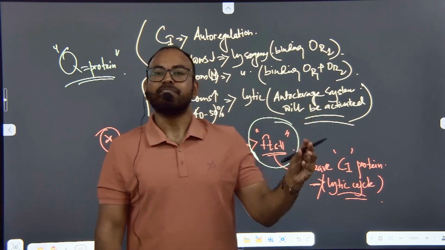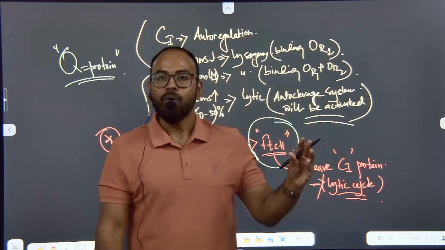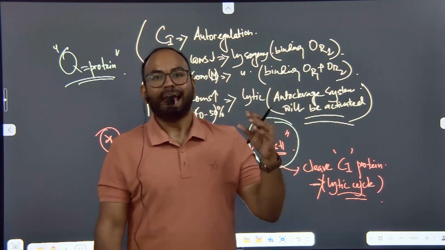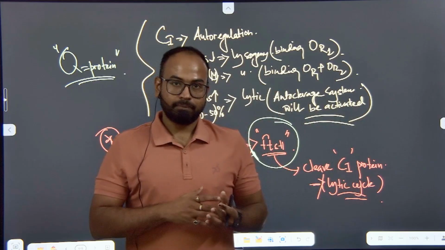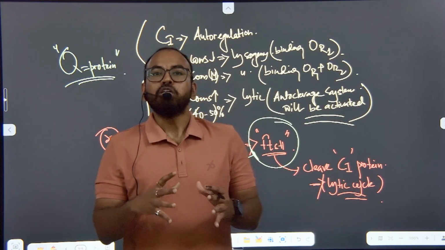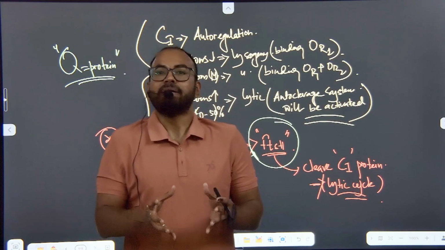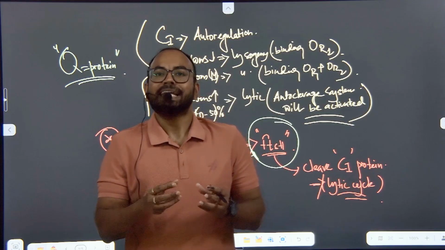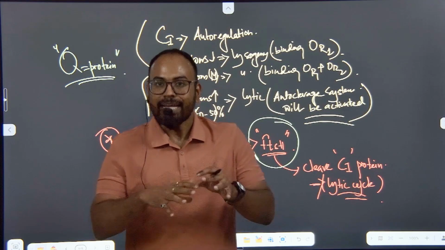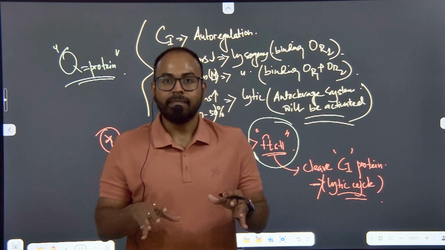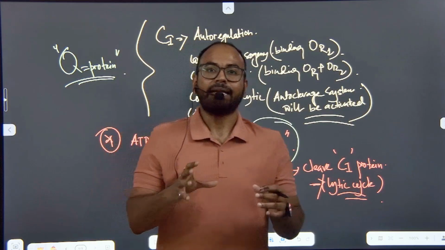Lysogeny is associated with C2, C1, C3, and many more. Now, whenever the overall nutritional support within the medium is high and the cellular division is rapid, then we came to know that lambda phage will initiate lytic cycle.